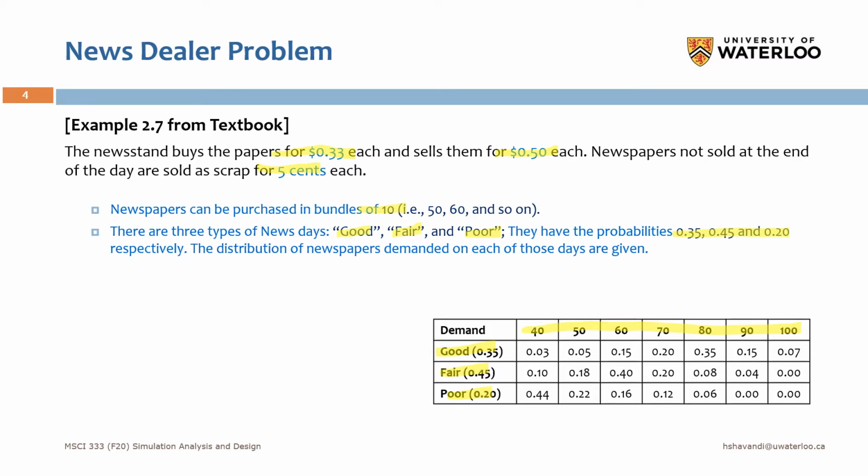We have 3 different types of day, and we have discrete probabilities. So this problem cannot be solved by the optimal solution approach. Here we have to apply simulation in order to find a good solution, actually, not the optimal solution, for this newsvendor problem.